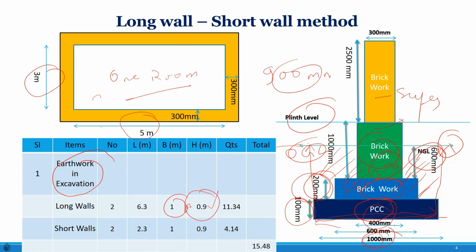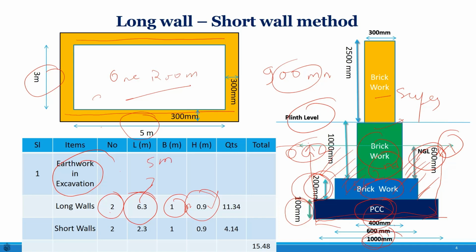Then we need to consider the other two quantities. So we have two long walls, one is this side and another is on the other side. Then we need to consider the length of this long wall. First we need to consider the center to center distance of this long wall. You have the internal dimension as 5 meter.